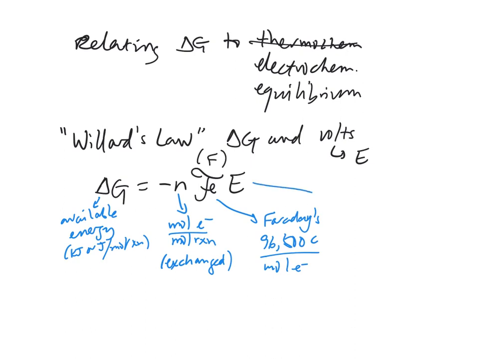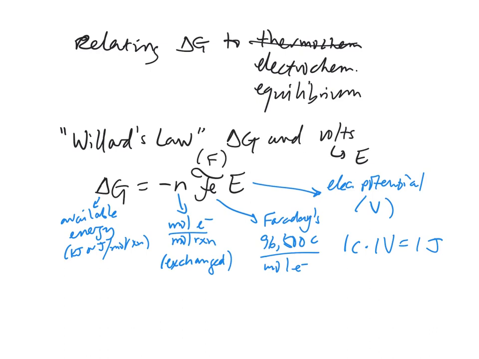Well, the nice thing is that E, the electric potential, is measured in volts, and as it turns out, 1 coulomb times 1 volt equals 1 joule. In fact, the coulomb and the volt were arranged in that way so that we have this nice mathematical relationship. So that's going to make life a lot easier for us.